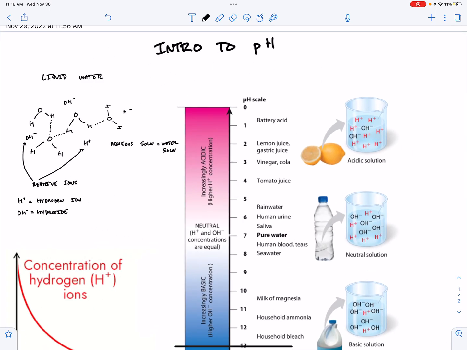So pH is actually a measure of the hydrogen ion in solution.